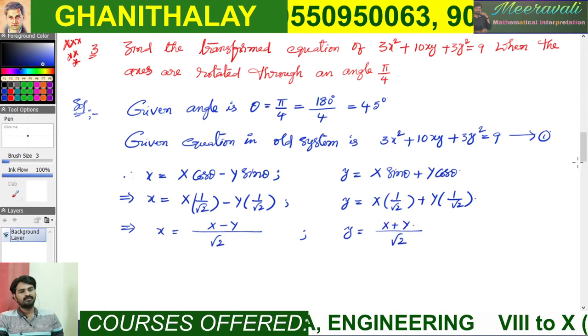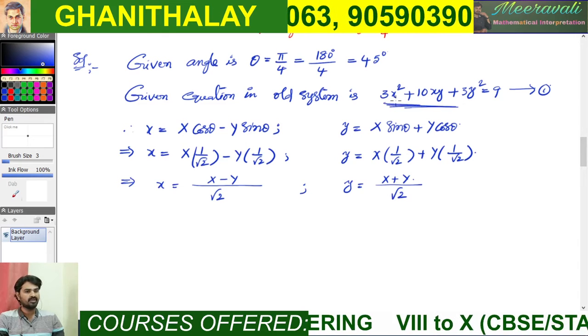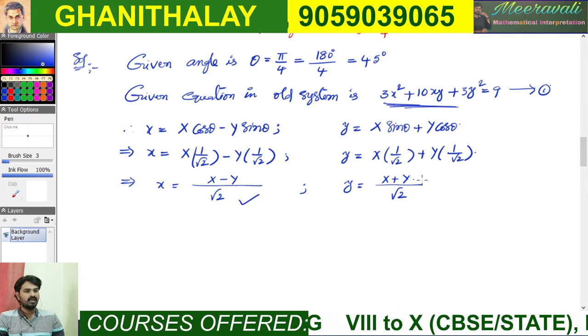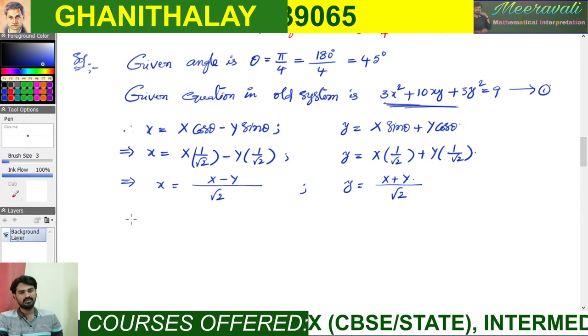Okay. So now the transformed equation means taking these values, you put small x and small y in equation 1, and you will get the transformed equation.